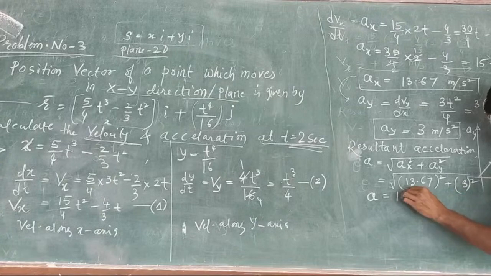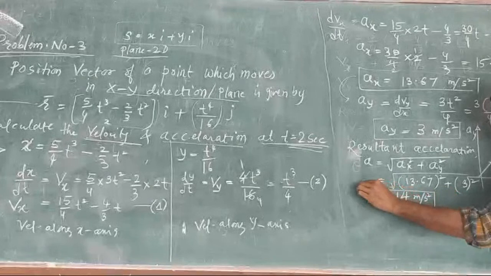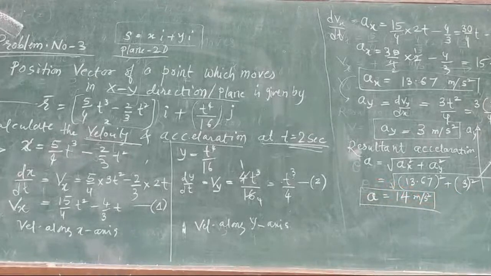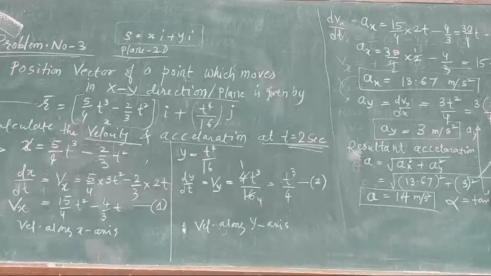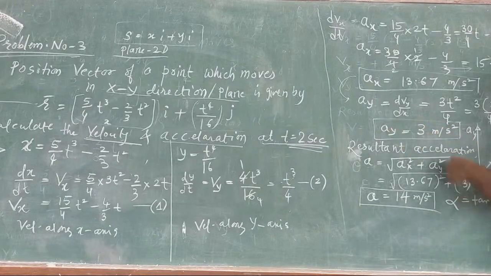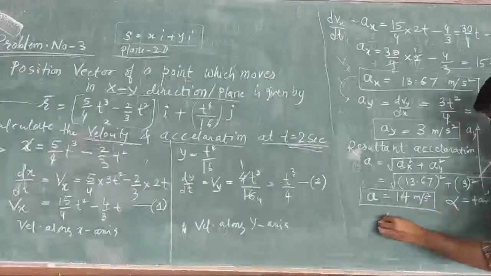So you can say 14 meter per second square is the acceleration. Right. After that, let us calculate alpha, where alpha is equal to tan inverse of ay by ax. Substitute ay and ax and calculate alpha.